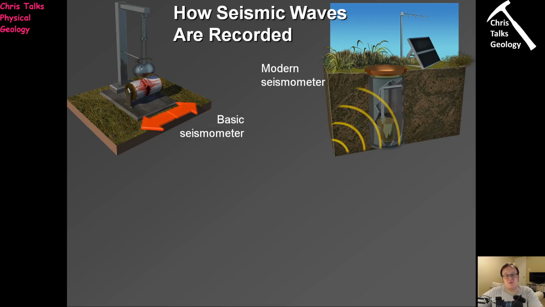Some of them will actually be pistons, which will rise and fall as the pressure wave comes through, and that information will then be relayed to the center, the HQ. Some of them are still quite simplistic like this and require the swing of a pendulum to measure the passage of the seismic waves. So there's a couple of different types that are used in modern seismometers.